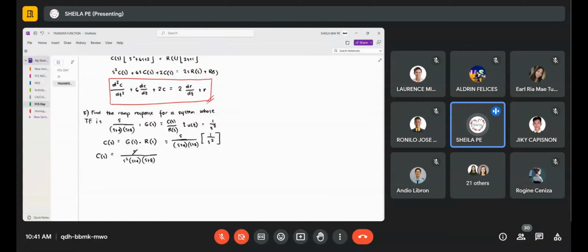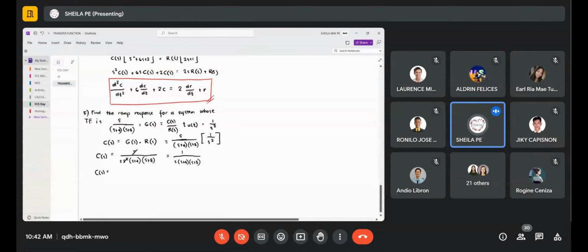Okay, you can cancel one of the s here. So basically, we can have 1 over s, s plus 4, s plus 8. Okay, and we know what will happen. We can have 3 roots or 3 factors for this one.